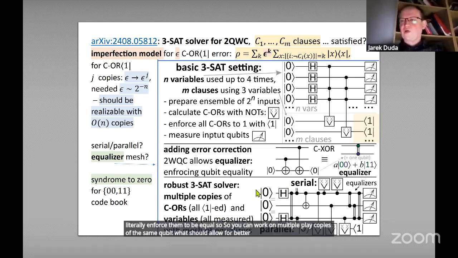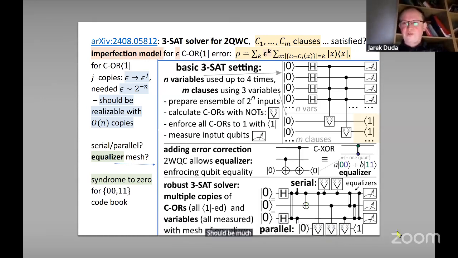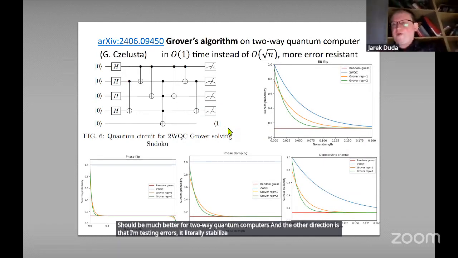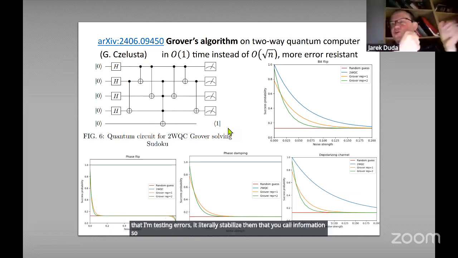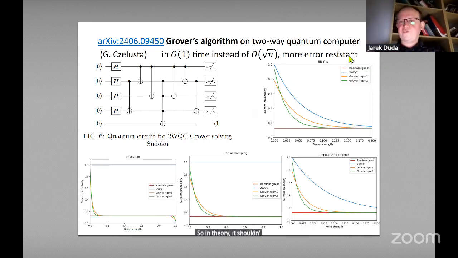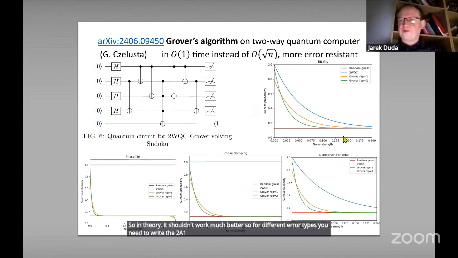So error correction should be much better for two-way quantum computers. The other direction is that postselecting errors literally stabilizes the flow of information, so you can control the system from both directions. In theory, it should work much better for different error types.